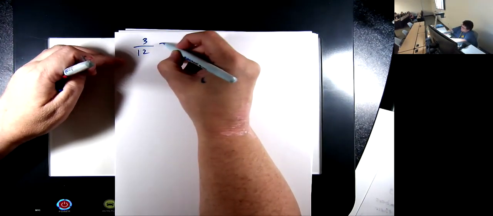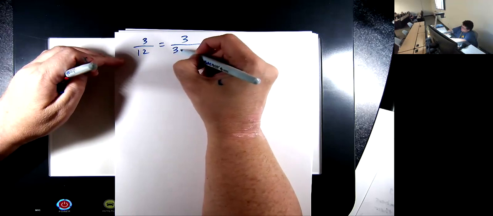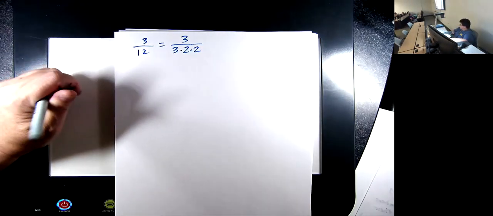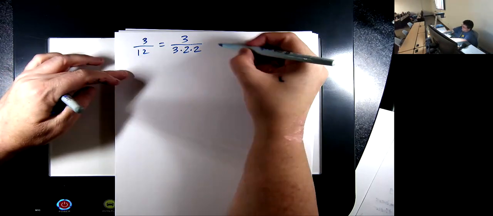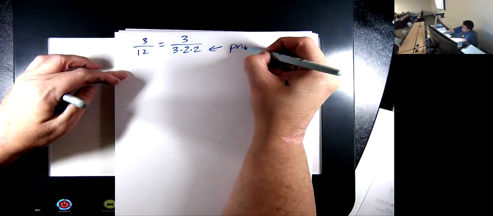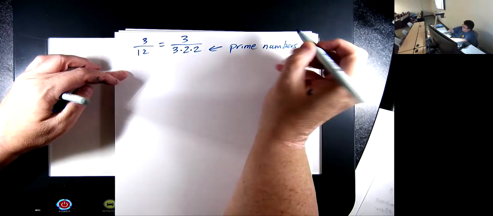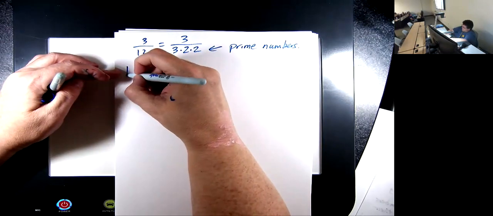So when I did it like this, when I said 3/12 was 3/3 times 2 times 2, these numbers down here are called prime numbers.